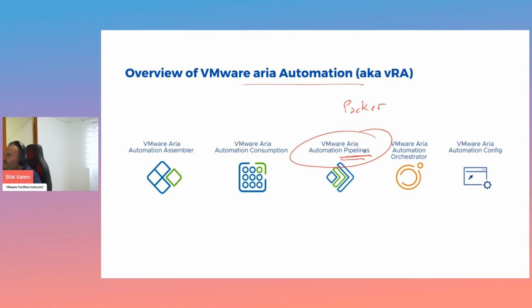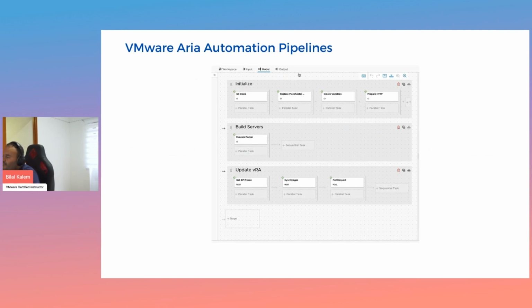Okay, so today our goal, please remember, we will use an Aria Automation pipeline to create a workflow to receive, for example, a Git push. When a new commit comes in your Git, we will trigger an automatic pipeline to get the code, configure our Packer, and execute Packer to create an image and sync the image with vRealize Automation, or Aria Automation, I should say.